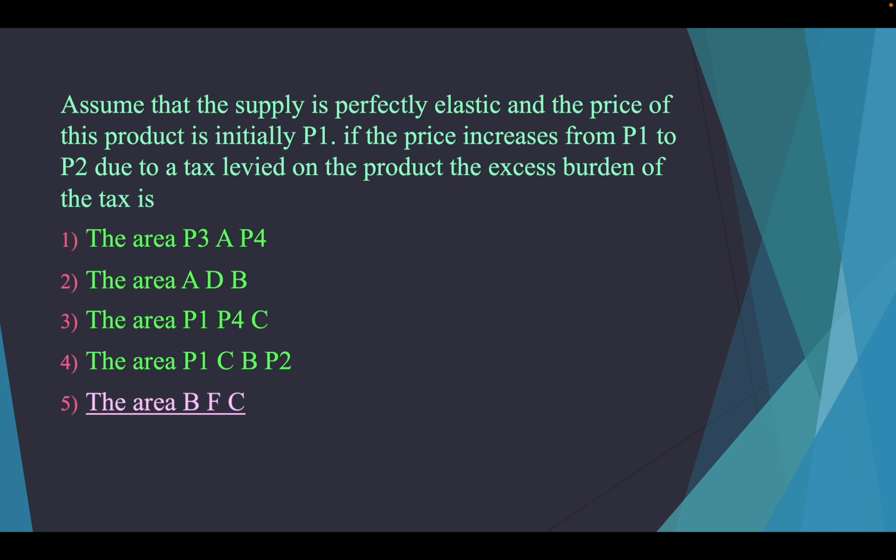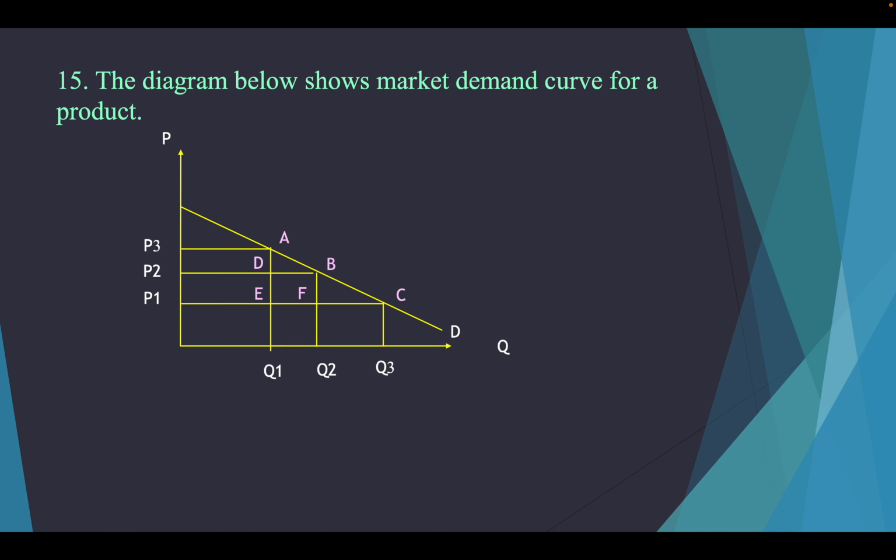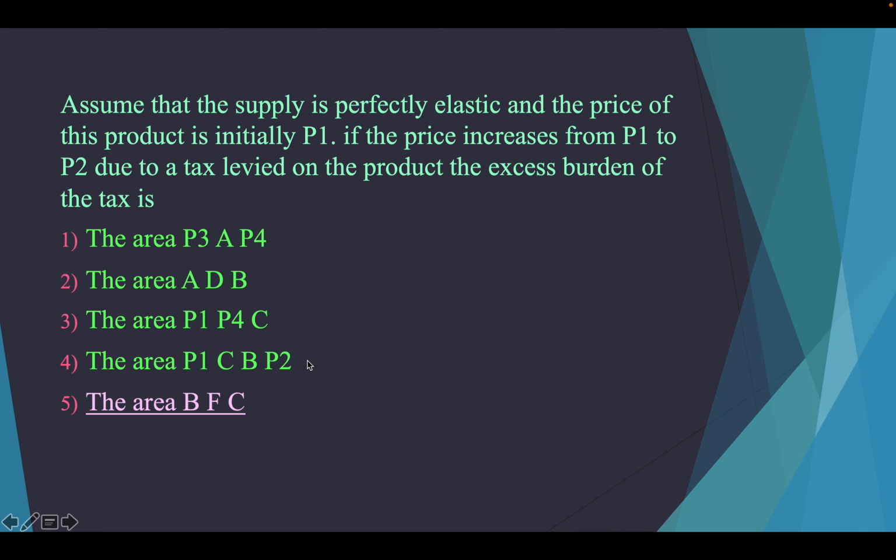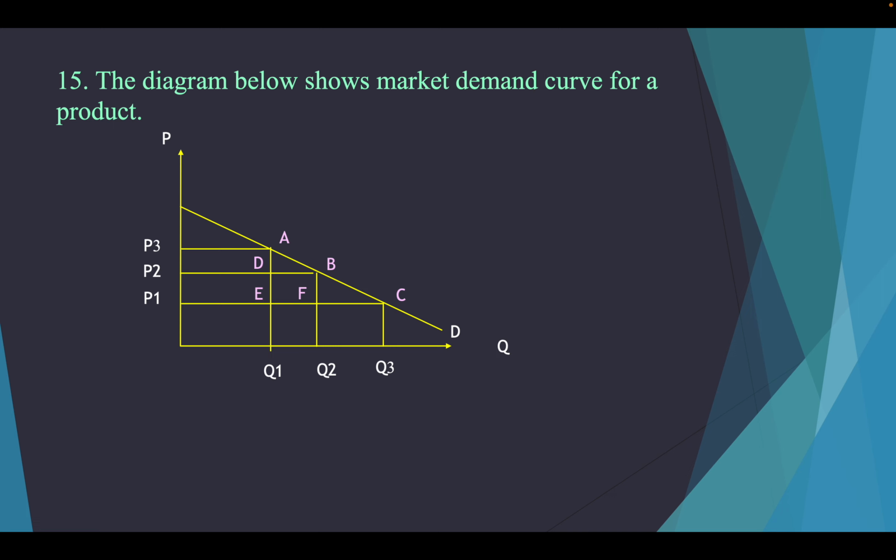If the price increases from P1 to P2 due to a tax levied on the product, the excess burden of the tax is what? The price increases, now the quantity is Q2, okay? Excess burden of the tax means deadweight loss.